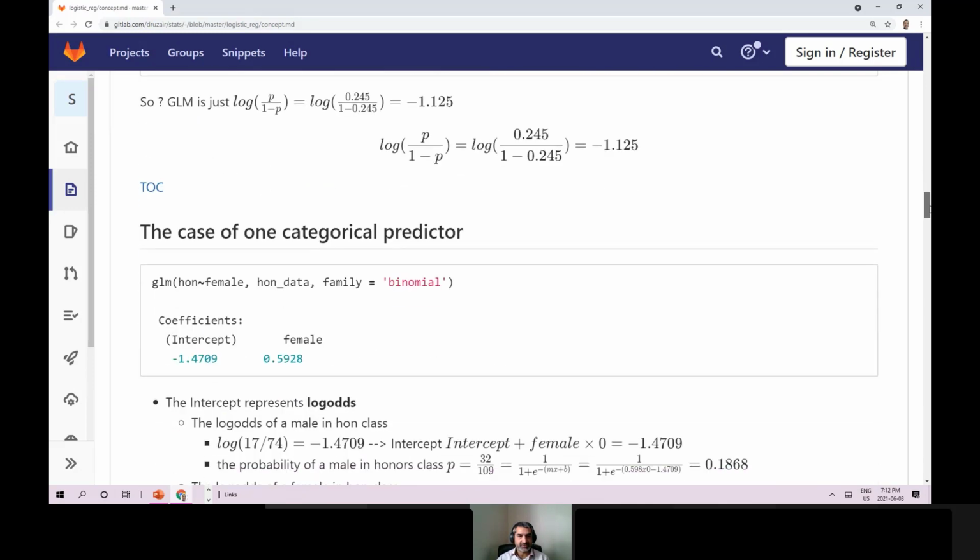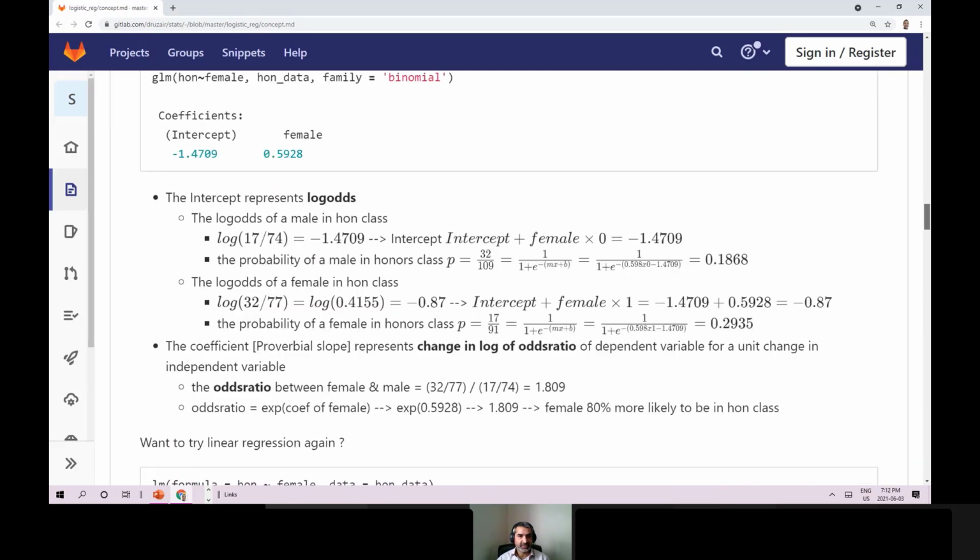And the intercept also represents the participation of males in the honors class. So these are not just numbers, they have a meaning and connection to the context and data. Especially in case of nominal data, you will be able to interpret your model in terms of probabilities and log of odds very effectively, which is not available in other solutions like Perceptron.